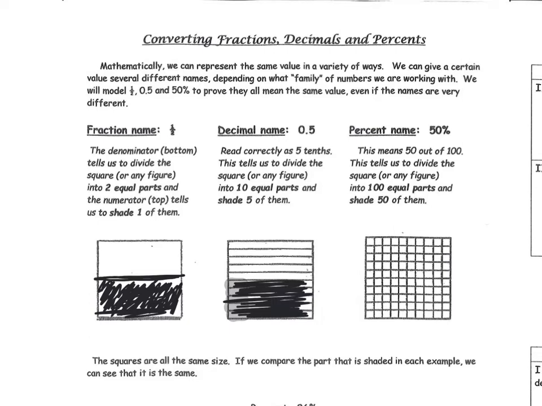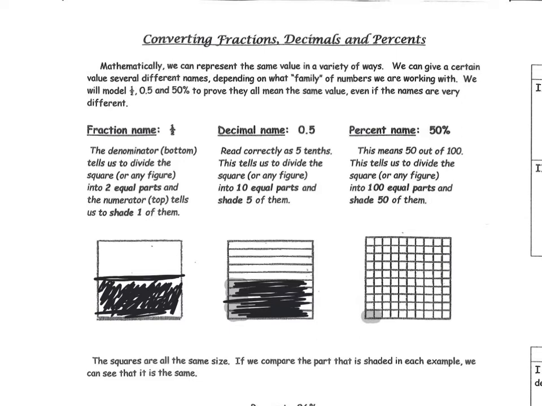So now let's move on to the percent name, 50%. And percent means 50 out of 100. The suffix cent is 100, and percent, so per 100. This tells us to divide the square, or any figure, into 100 equal parts and shade 50 of them. So each of these rows has 10 little squares in it. So once again, I'm going to start from the bottom and I'm going to shade.